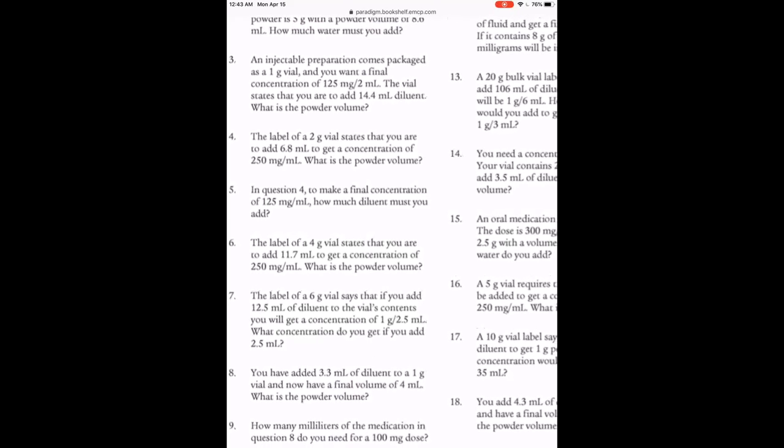So now two things we have to find out: the final volume, in order to find out how much diluent we need to change our concentration. So we're going to use the same powdered volume as the previous problem. Now we just need to find out the final volume and then from there find out the diluent volume.